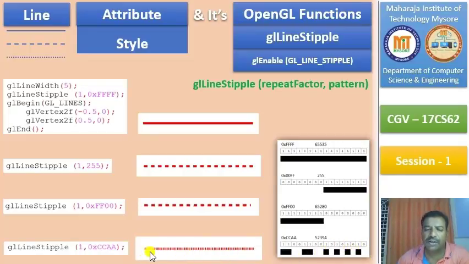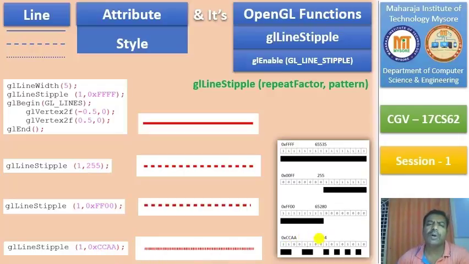In the repeat case, this is going to be the entire line with the line segment I'm going to have. And as I told you, we can pass hexadecimal as a parameter, or we can pass its decimal equivalent as a parameter. Hence, instead of CCAA, I would have passed this as 52394.